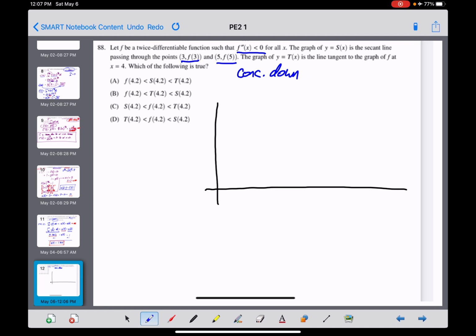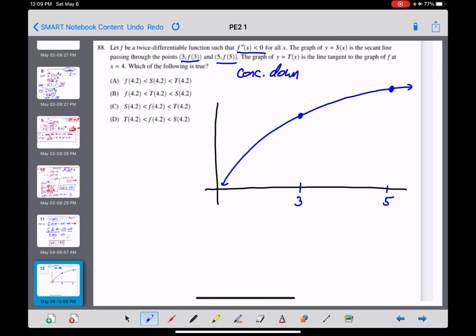So I'm going to draw a curve that's concave down, and I'm going to say increasing. Not really sure that that's important or not, but I'm going to draw a curve that's increasing at a decreasing rate, kind of looking like this. Okay, and we're talking now about a secant line that passes through the points 3, f of 3. I'm just going to eyeball here. I don't really care that much about the accuracy of my graph. There would be 3, and then over here, I'm going to put a spot which is going to be 5.